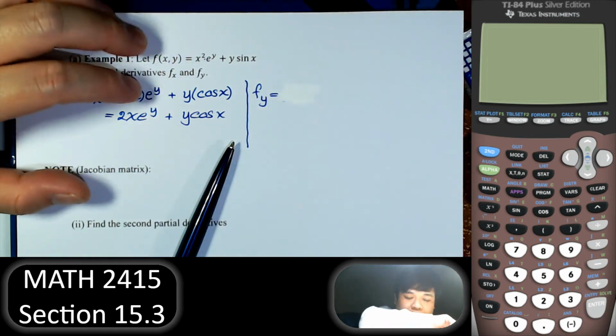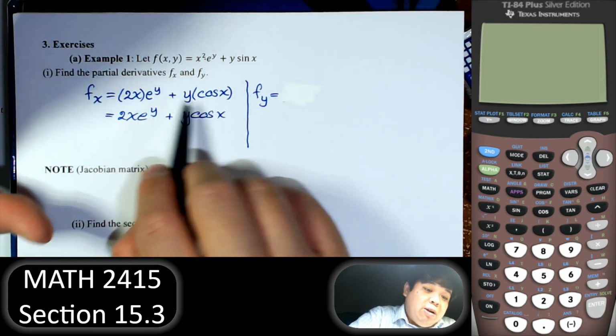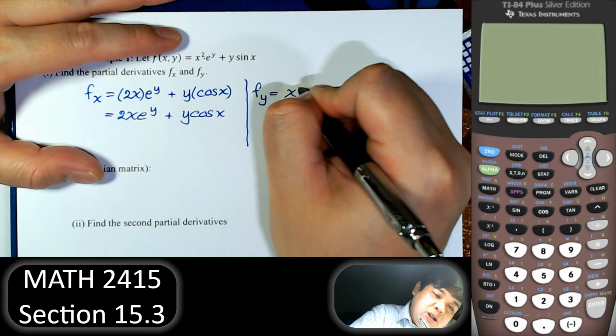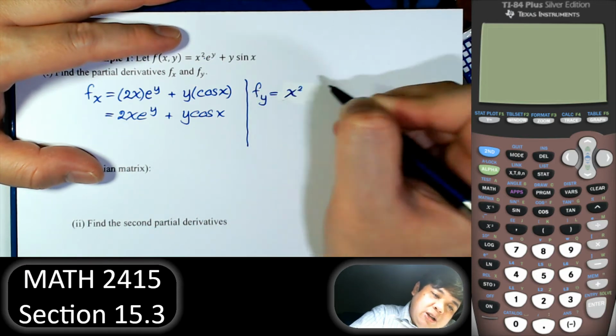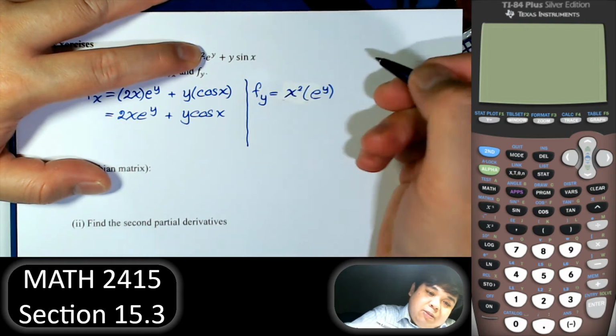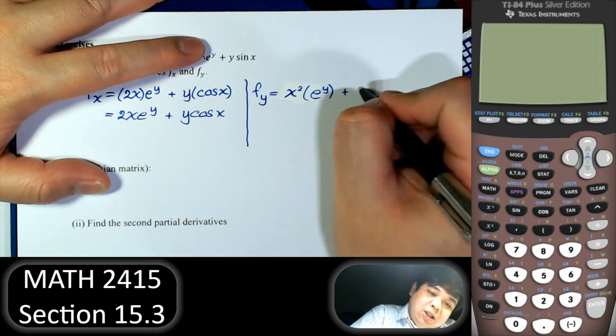Right. As you see, the derivative, the part that we take derivative, I put in the parentheses to distinguish. Right, x squared is constant. We stay x squared. Derivative of e to the y is still e to the y. Derivative of y is going to be 1.